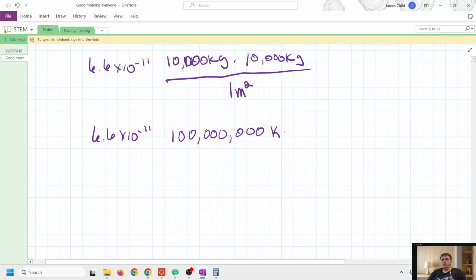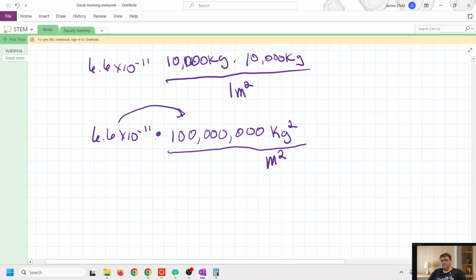And that's kilograms squared, because we took kilograms and multiplied it by kilograms. And then we're going to divide this by 1 meter squared, where that remains the same, so it's just divided by meters squared.